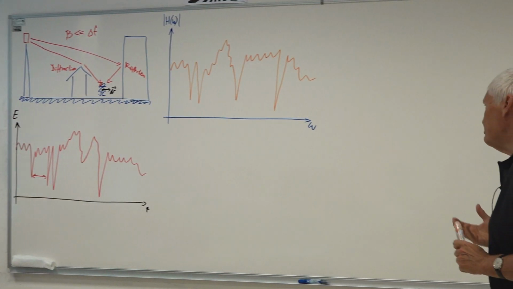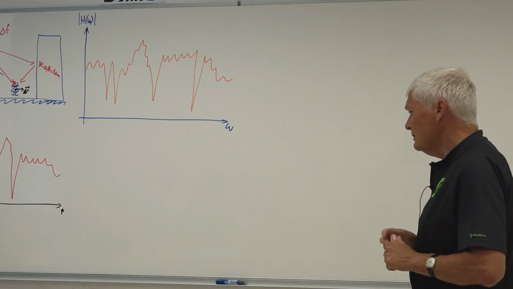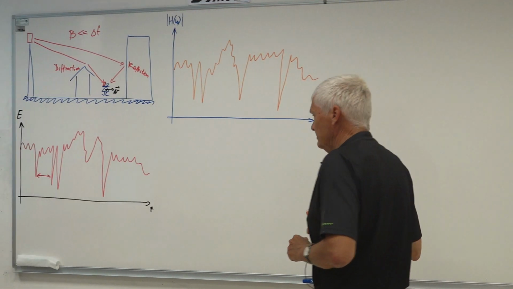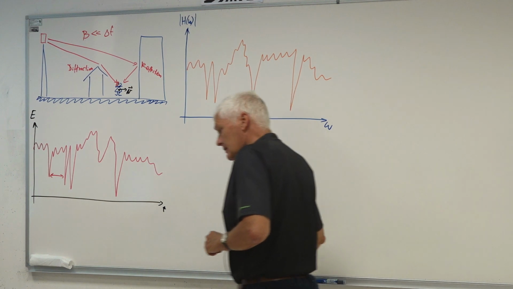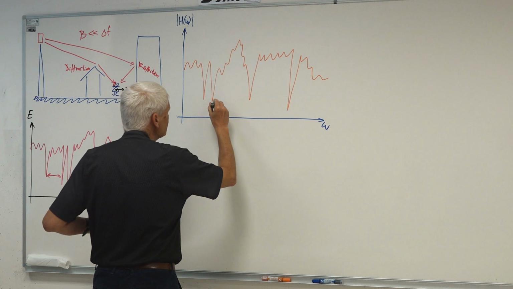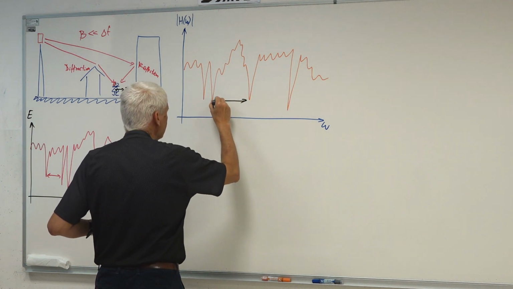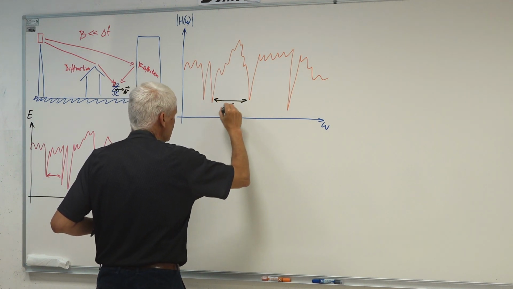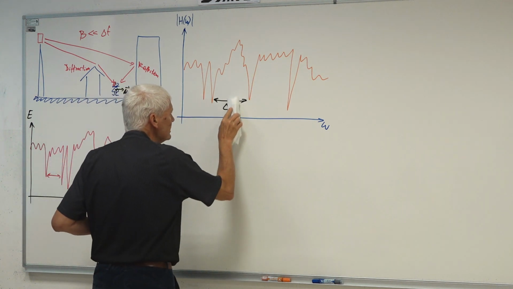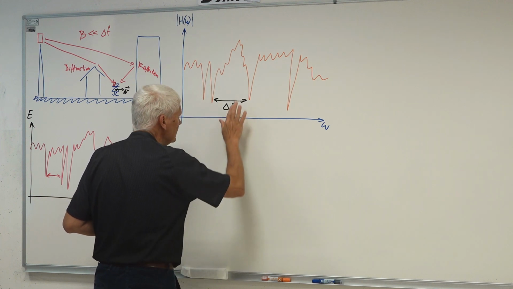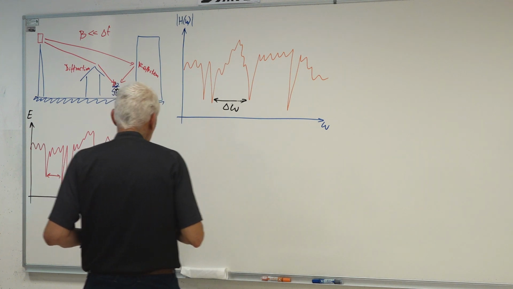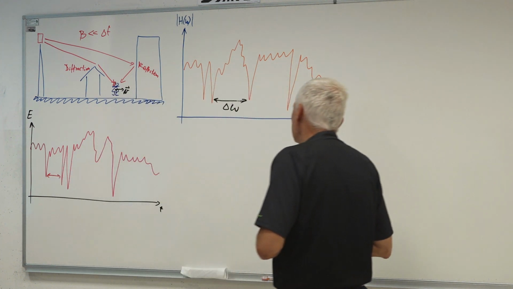Now, talking about the frequency dependence, this frequency dependence has a certain period. And this period here, this delta f in the frequency, or delta omega, better to write it delta omega. If I have the scale plotted as omega, I have to write delta omega here.